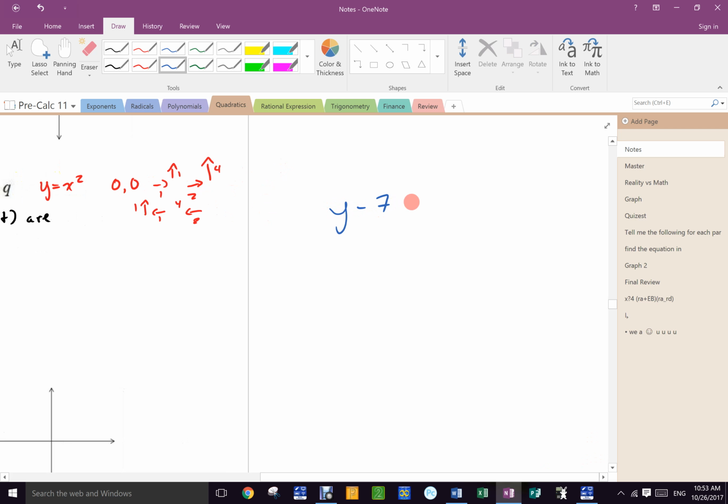Y minus 7 equaled 6, x plus 7. What was the point on the graph? It was negative 7, positive 7, wasn't it? Why?